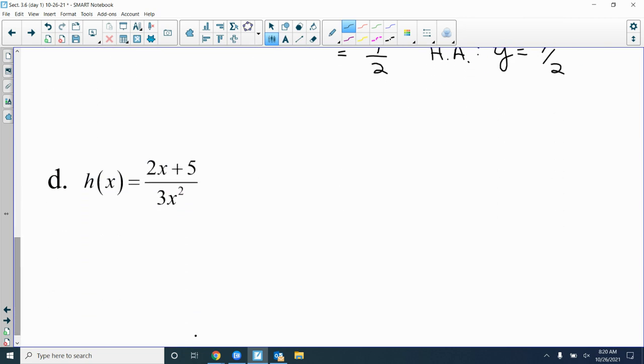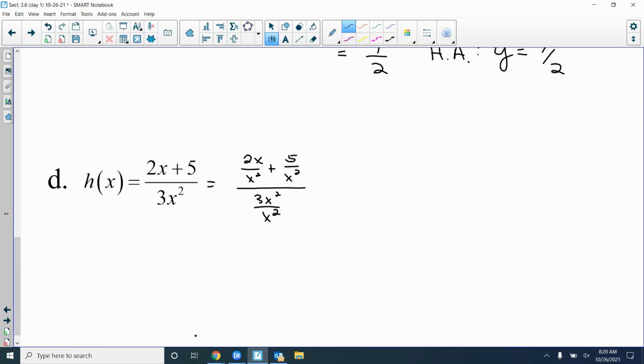All right, let's take a look at one more. H of x is 2x plus 5 over 3x squared. Highest degree, x squared. 2x over x squared plus 5 over x squared, divided by 3x squared over x squared.